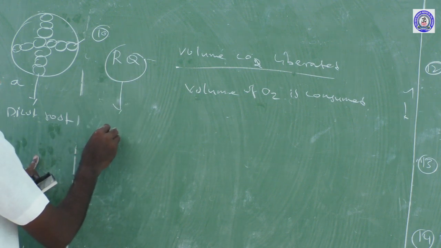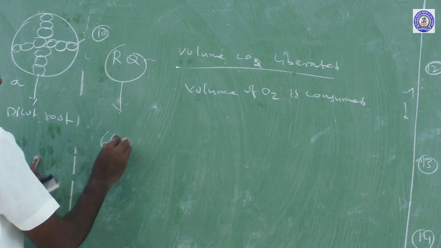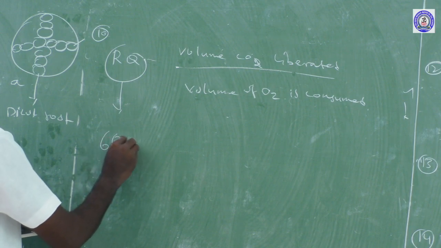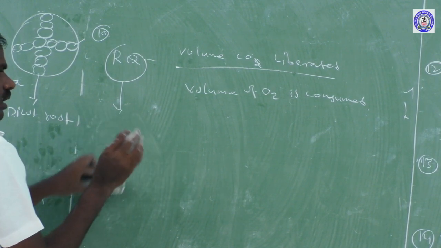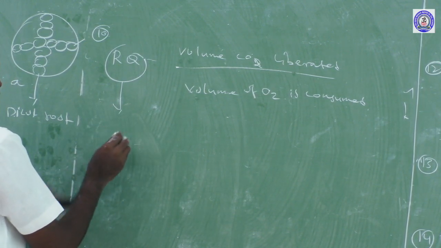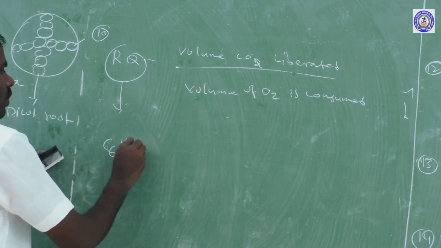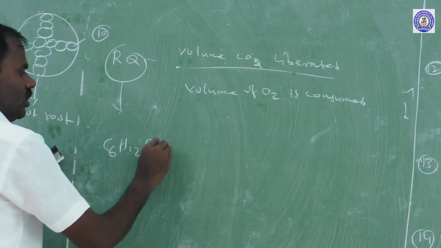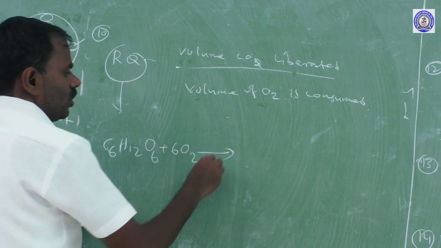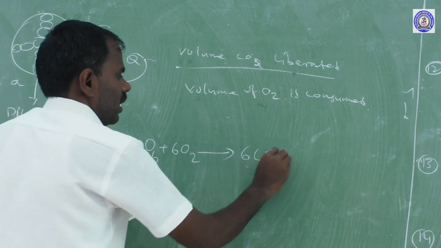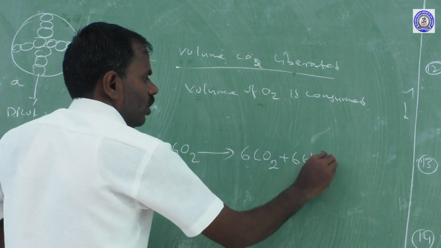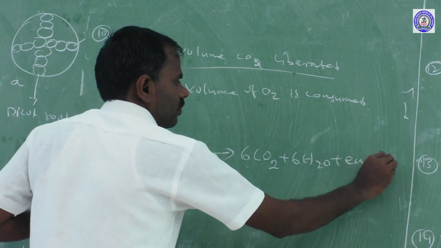Equation of respiration: C6H12O6 plus 6 moles of oxygen gives rise to 6 moles of carbon dioxide plus 6 moles of H2O plus energy.